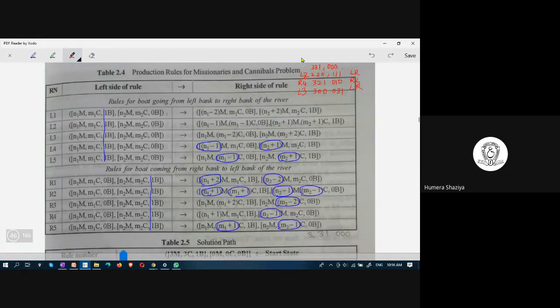First 0 denotes missionary. Second one denotes cannibal. This is M missionary, M cannibal, boat, MCB. So at right side there is no missionary. There is only one cannibal.